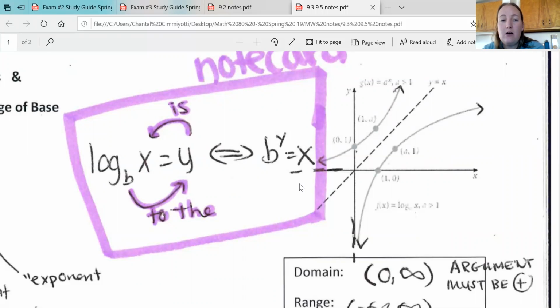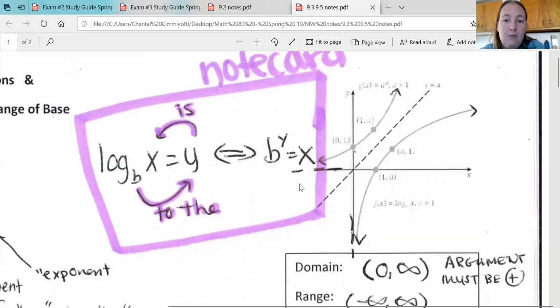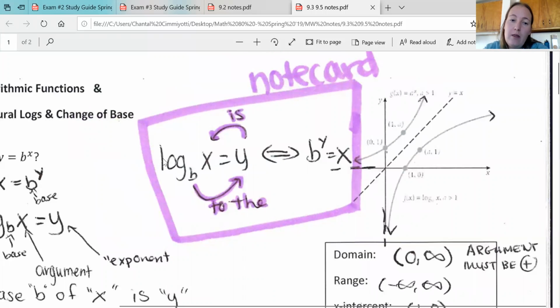So here is the introduction to a whole new system of representing stuff called logarithms. The logarithm, shorthand, we say log base b. It's the same base when it's in exponential form or in log form. These are just two formats of saying the exact same thing.